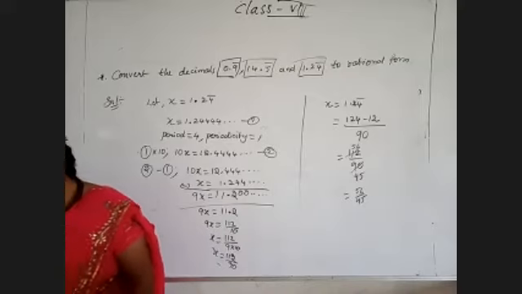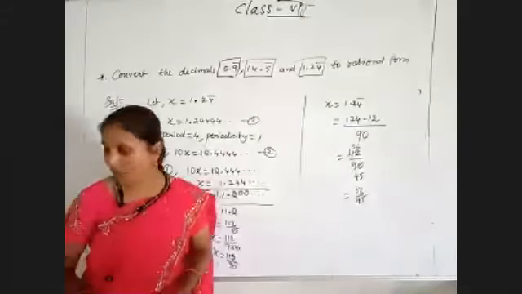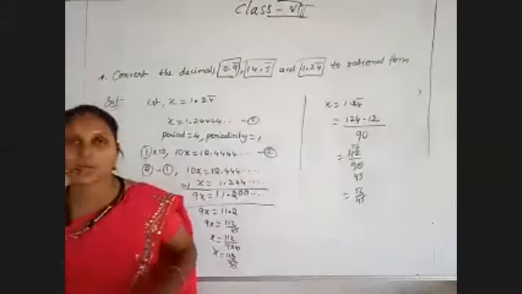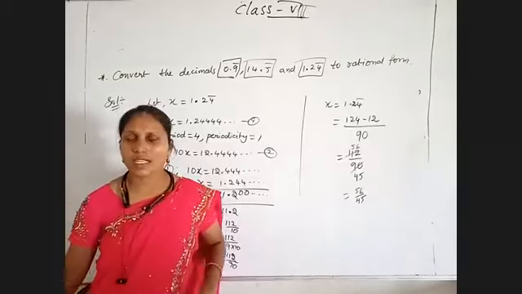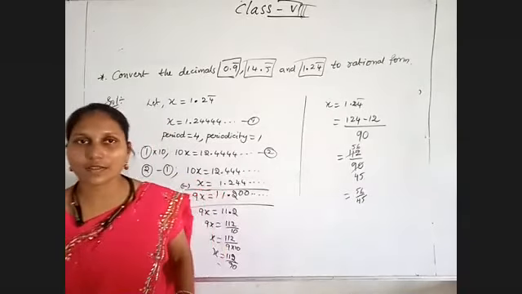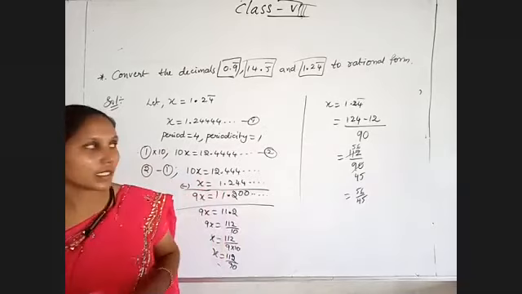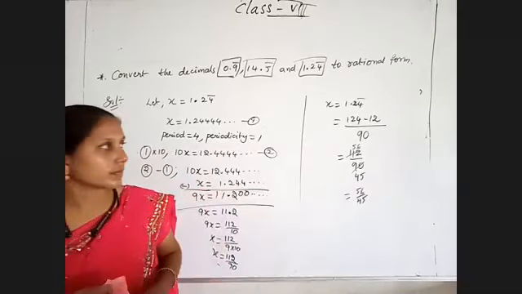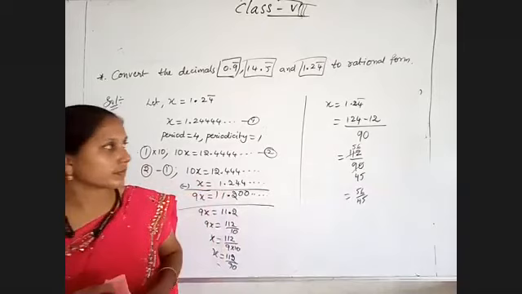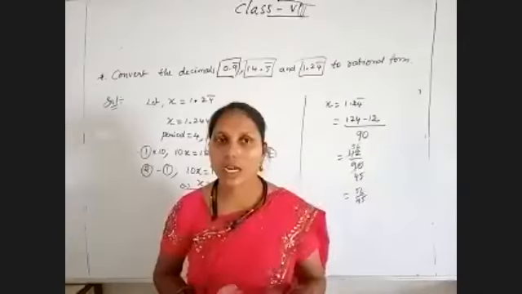So once again, I am revising all the topics we have discussed in this chapter. First of all, what is a rational number? We have studied that a number that can be written in P by Q form is known as a rational number.